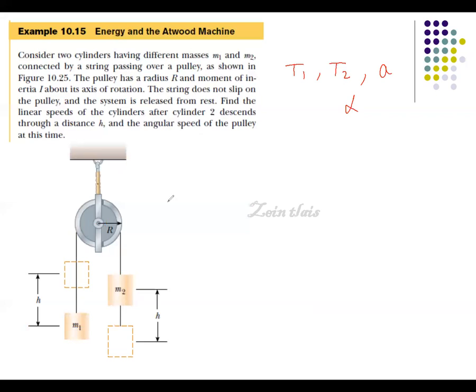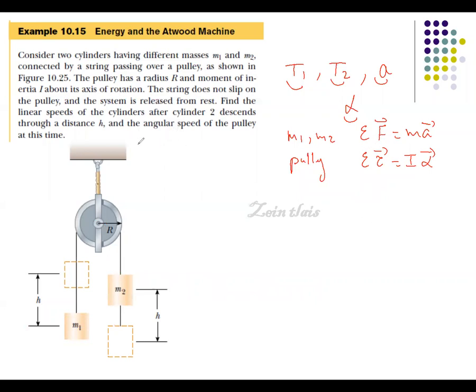For example, I told you, if you want to calculate T1, T2, A, and alpha, you have to apply Newton's law on M1 and M2, F equals M A. And also for the pulley, you can apply the summation of tau equals I times alpha. Okay, let's calculate these values.